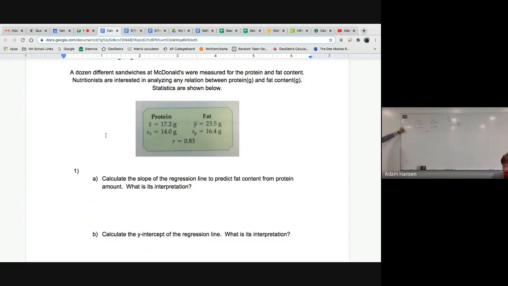So if we just take our summary data, we can calculate the slope for this regression line to predict fat, our response variable, from protein. 0.83 times, let's see, S of Y is 16.4 over S of X, which is 14.